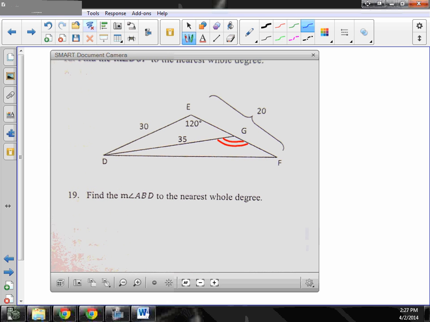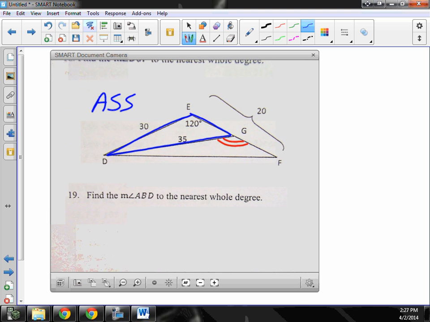So in the top triangle, I actually have angle side side. Well, I already know this cannot have two solutions. How come? Without solving anything, I know it can't have two solutions. Why is that?